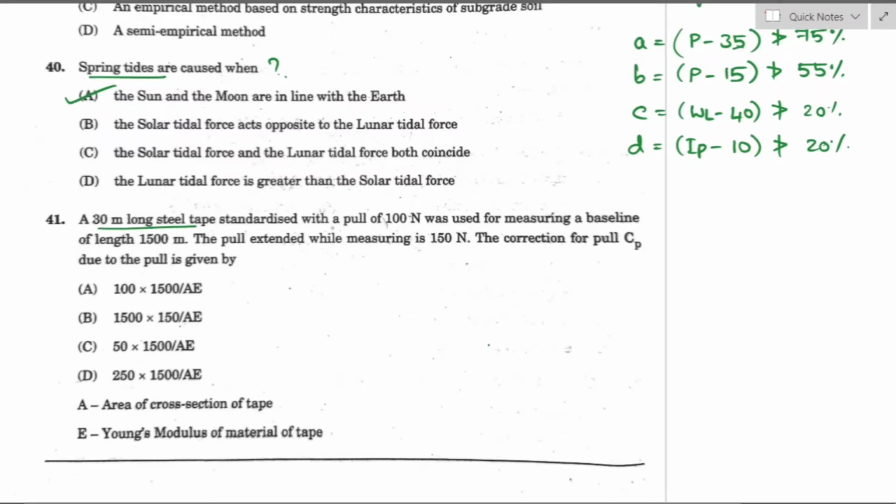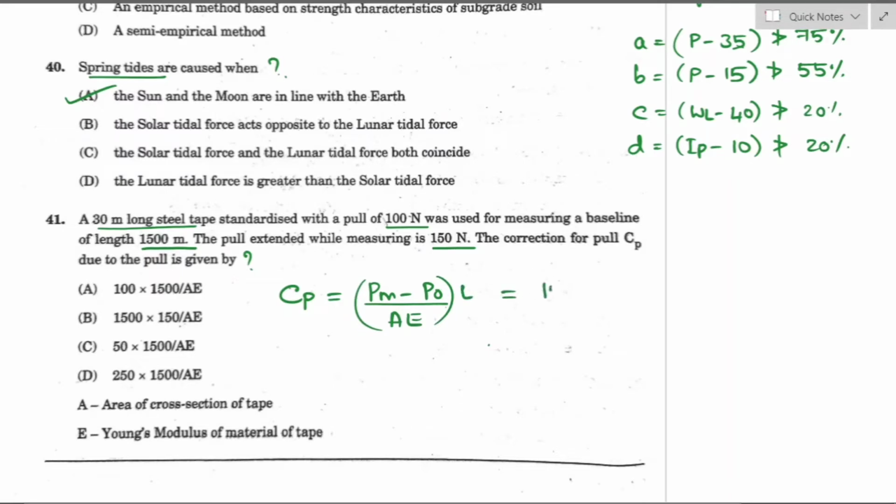Question number 41. A 30-meter long steel tape standardized with a pull of 100 Newton was used for measuring a baseline of length 1500 meter. The pull extended while measuring is 150 Newton. The correction due to the pull is given by. We know that the correction due to pull is given by the formula measured pull minus standardized pull divided by area of the cross section of the tape into Young's modulus of steel tape into length of the baseline.